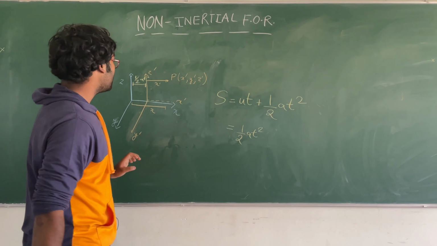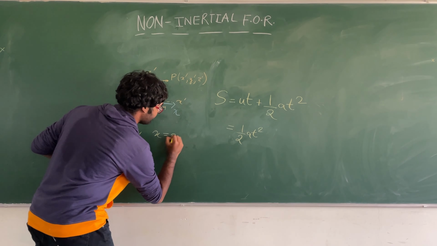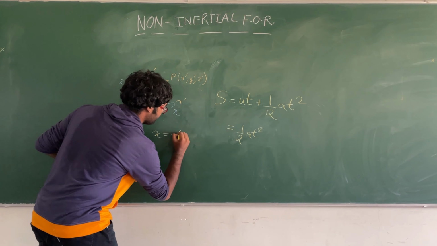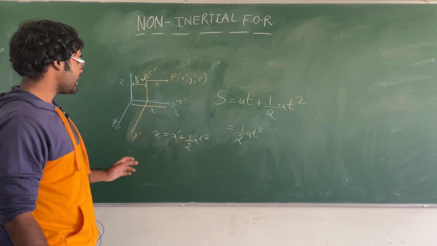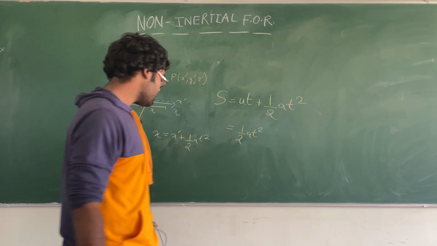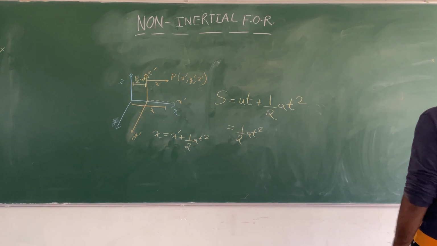Now we can say x is equal to x prime plus half acceleration into time squared.